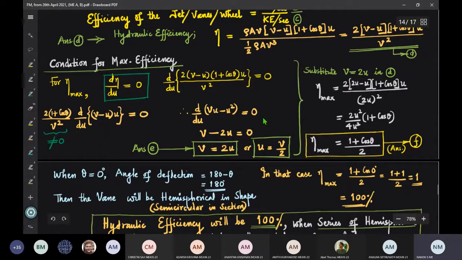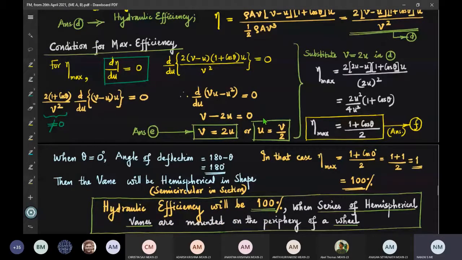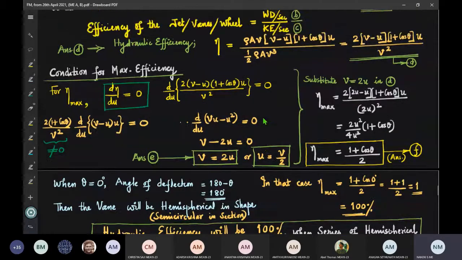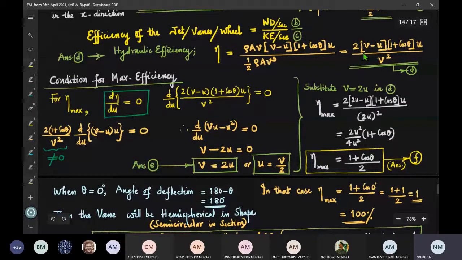And now we will try to find out the condition for maximum efficiency. We got an expression for efficiency, and here the variables are V, U, and the vane angle at the outlet tip, that is theta. So if you have these values, you can find out the efficiency.